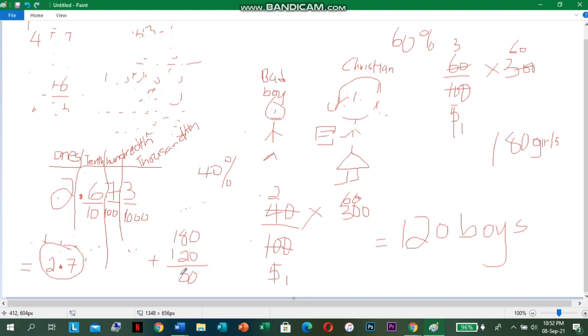So we put down our 0 and carry our 1. So 1 plus 1 is 2, plus 1 is 3. So we get back our 300 students. So you see that? It's correct.